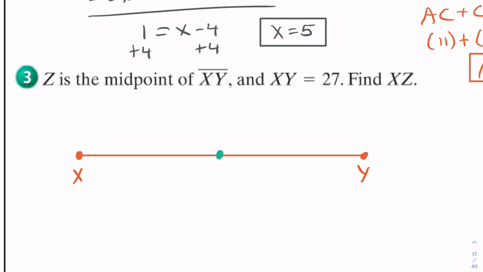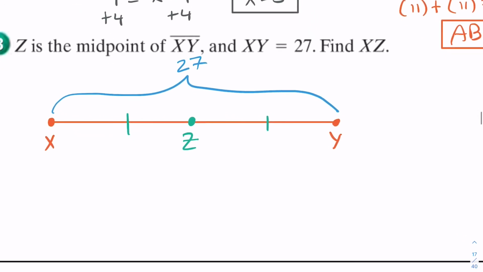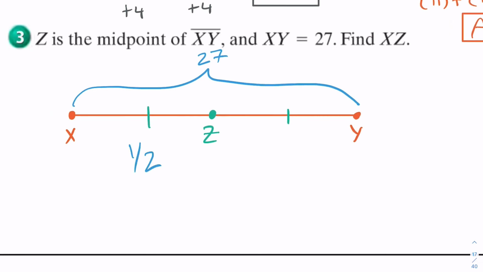Looks a little better. I'm going to throw in this tick mark. I'm going to say that this is Z. And what I do know is that XY, which is this part, XY is 27. It wants me to find XZ. Well, if this is a midpoint, guess what? This is half, and this is half.